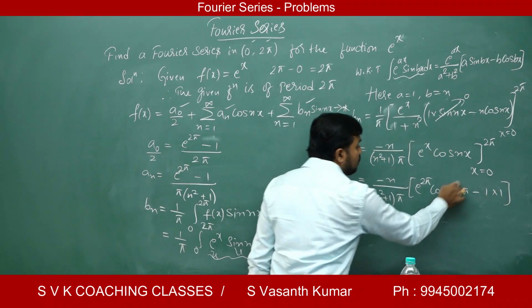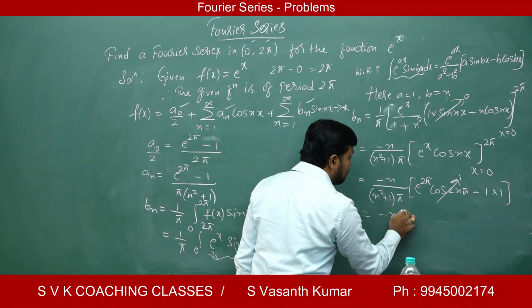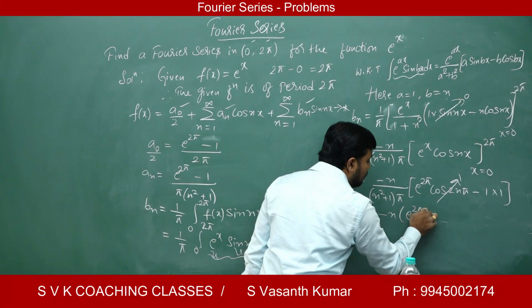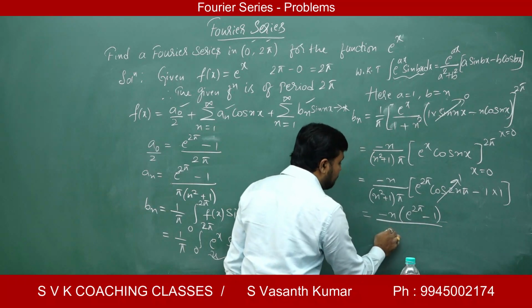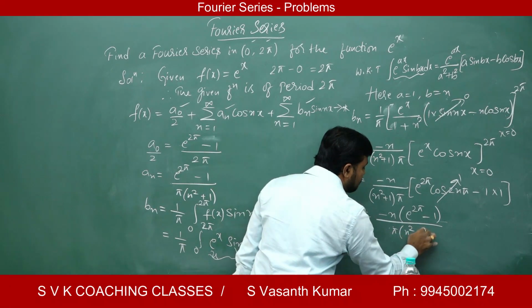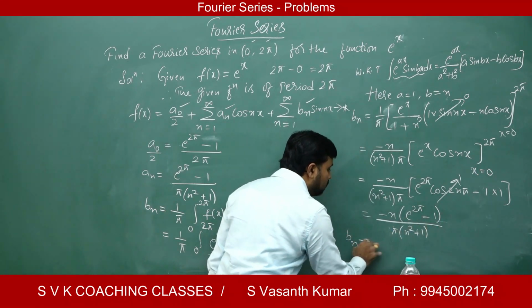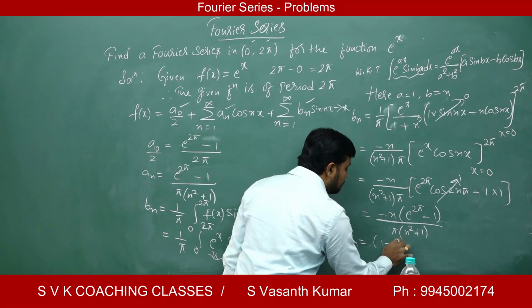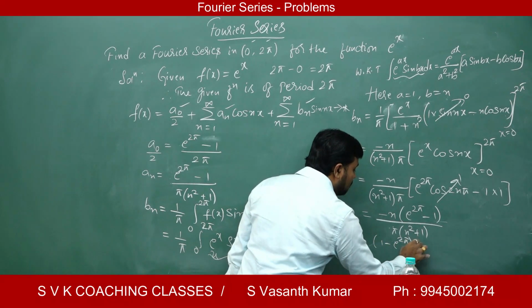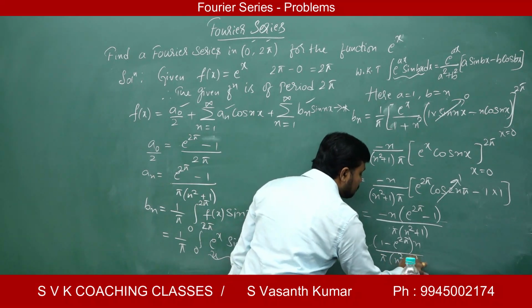So cos 2n pi is 1. So you are left with minus n into e power 2 pi minus 1, whole divided by pi into n square plus 1. Or we can write finally bn as, multiplying by minus sign, 1 minus e power 2 pi n divided by pi into n square plus 1.